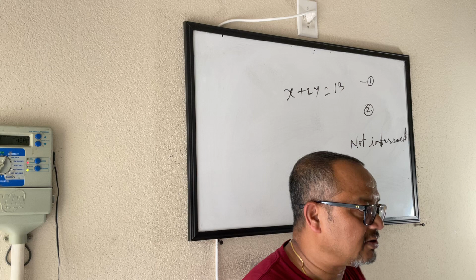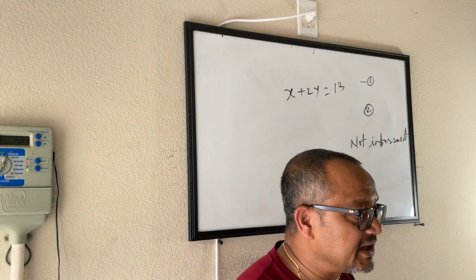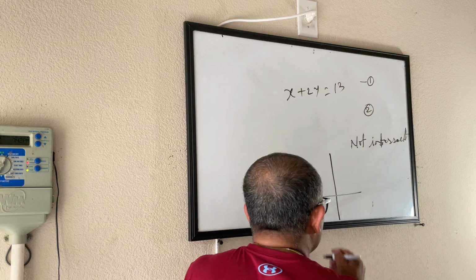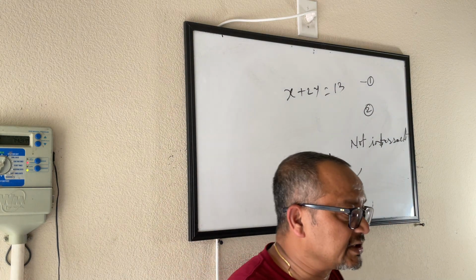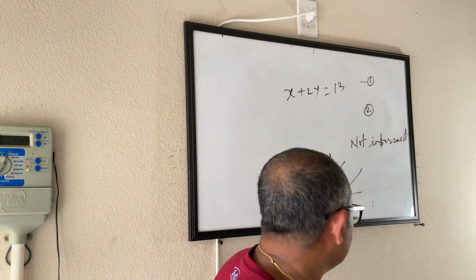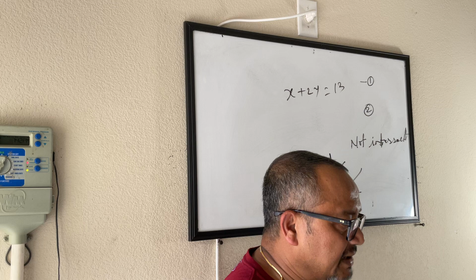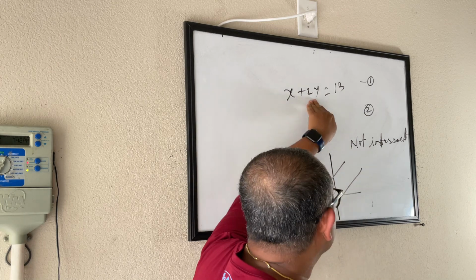If I'm talking about no solution, or two lines not intersecting each other, the only scenario in which two lines don't intersect each other is when they are parallel, and when they are parallel, that means they will have the same slope. Now look at this equation.